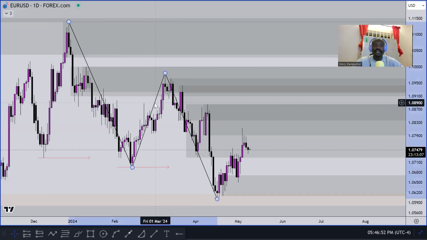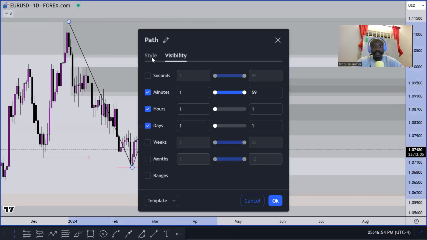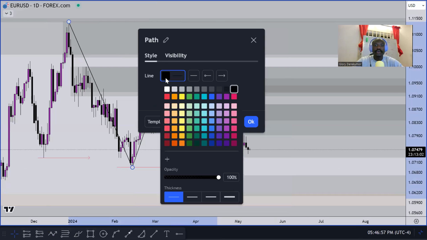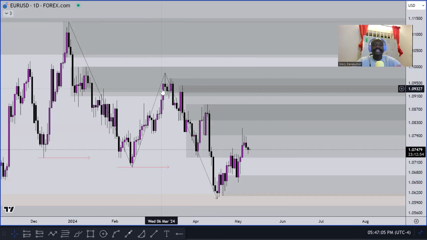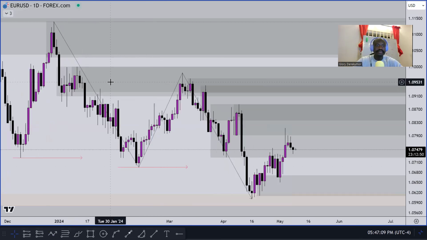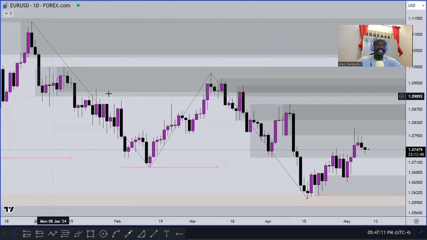So I'm going to double click on this line, go to style, click on the color, and then reduce the opacity to something like this. I believe this is okay for everybody to see. So that's my external structure. Now, if I zoom into this leg here, I believe you can see internal structure, but this is not the leg we are concerned with. Why? Because that's not the most recent leg that took our structure to the downside, okay?